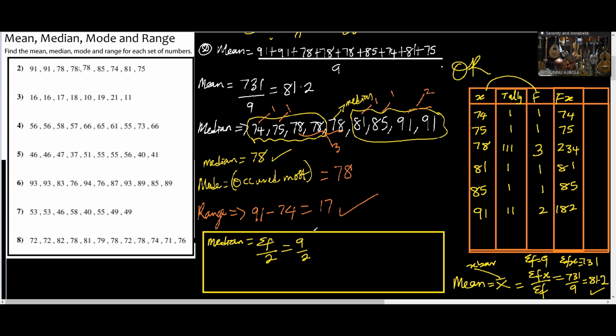But because this is odd, we cannot get the position of 4.5, so we're going to add 1, which gives us 10 over 2, and that will be 5, which is the fifth position data.